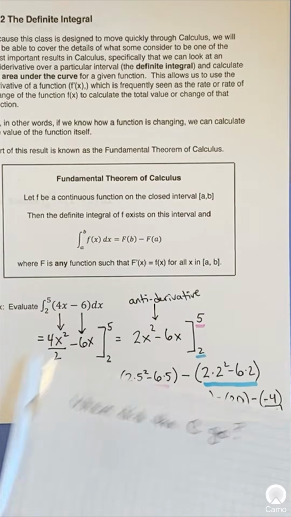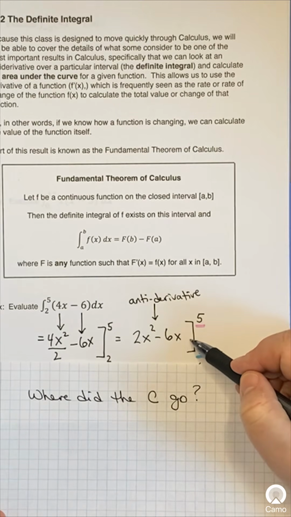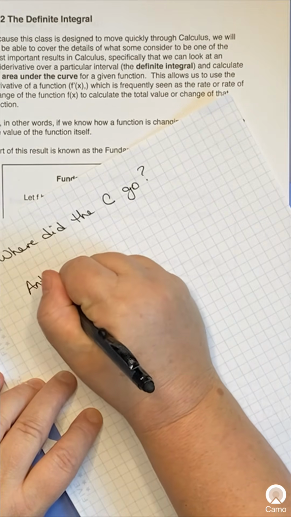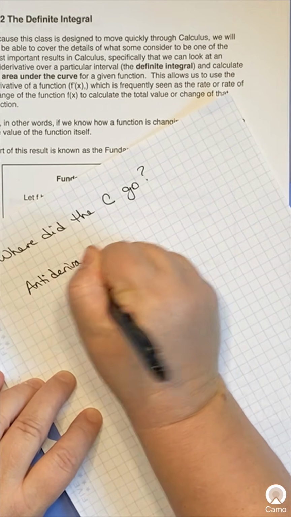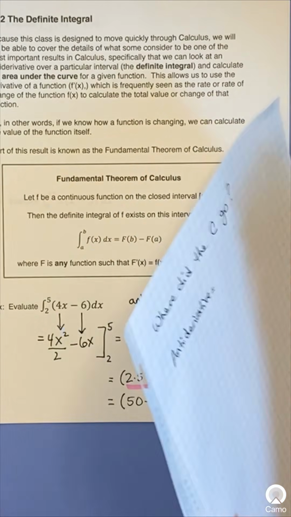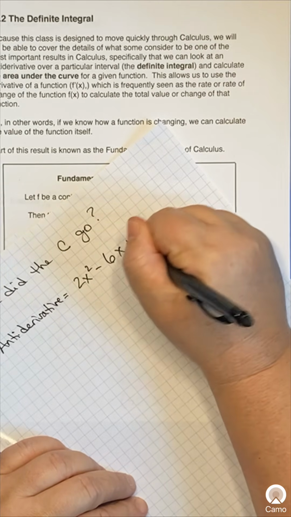Let's look. I said, here's the antiderivative, but there's no plus C. Let's take a look at that. Okay, let's say our antiderivative is, let me copy it down, 2x squared minus 6x plus c, right?